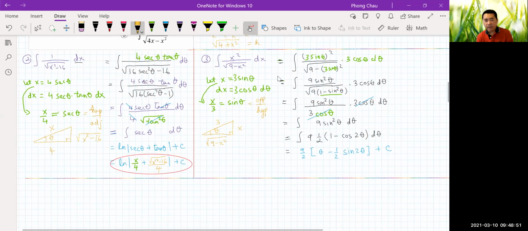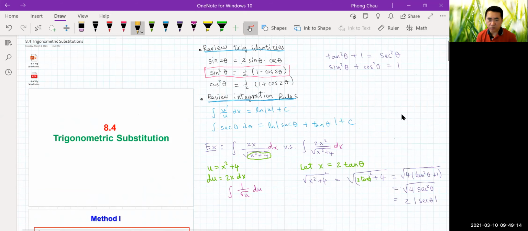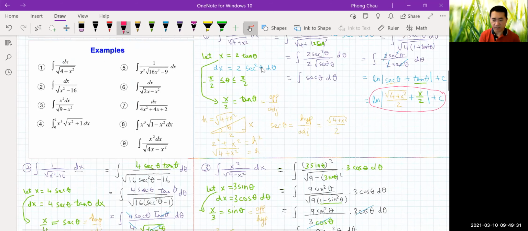Now, in this right triangle, I can write sine, cosine and tangent of theta in terms of x, right? Not the problem. But the problem is you have sine of 2 theta, which we don't have in this right triangle. So in order to rewrite this, you have to go back and use the identity. You see the identity we use here? The so-called double angle identity: sine 2 theta is 2 sine theta cosine theta.